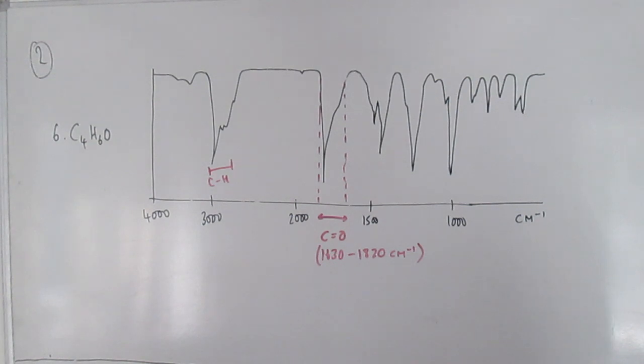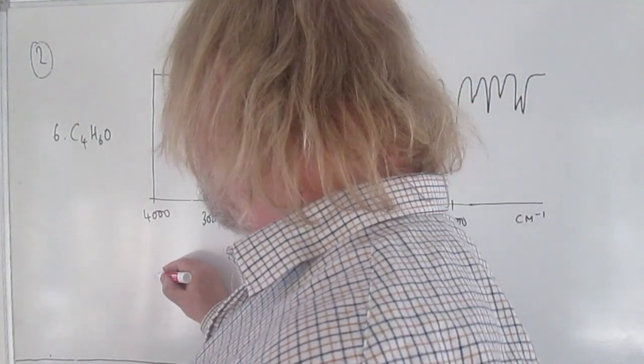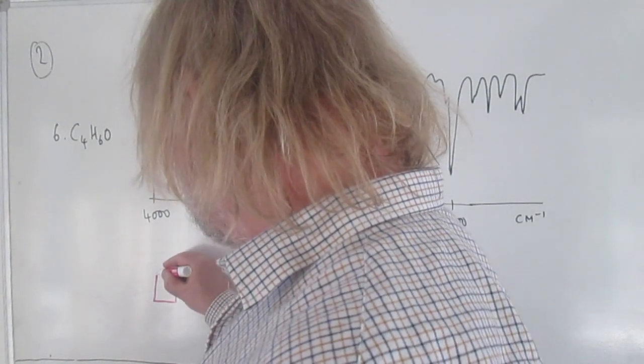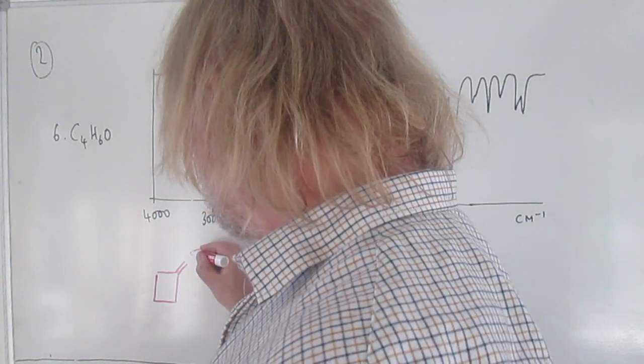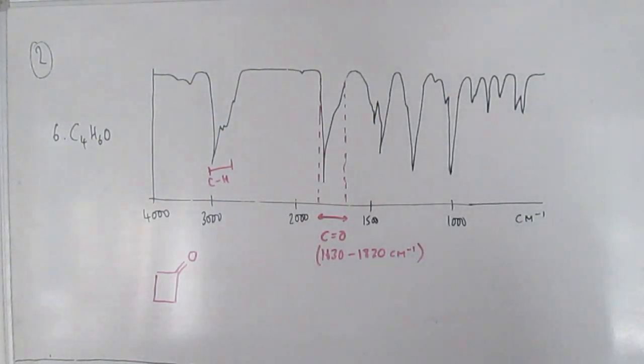So first it asks us for an alicyclic compound. Alicyclic just means that it contains a ring. So you could have, for example, a ring of 4 with a carbonyl group on it, and that would be C4H6O, so that would fit that spectrum.